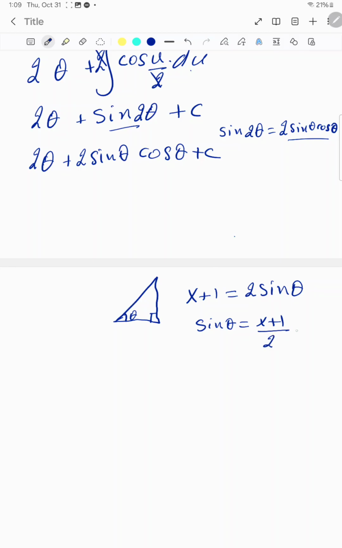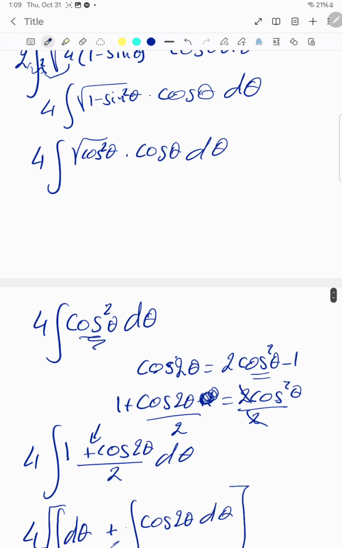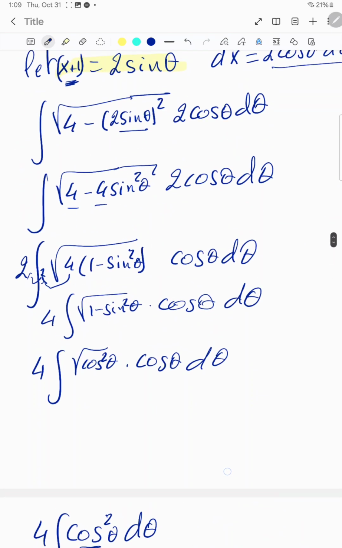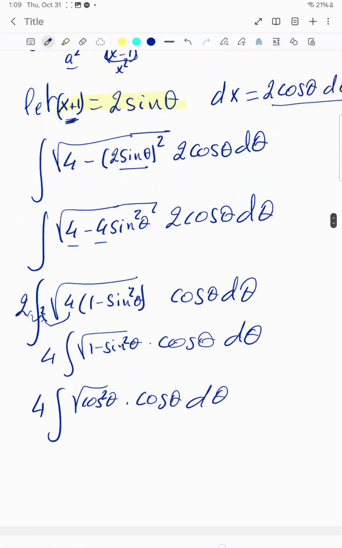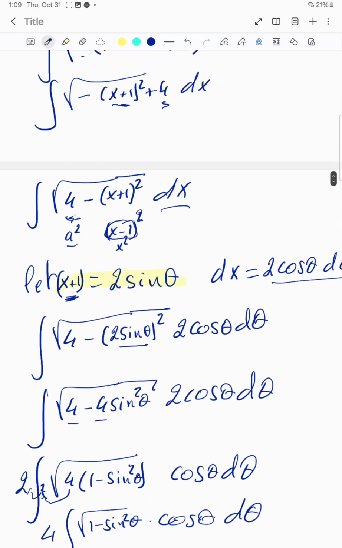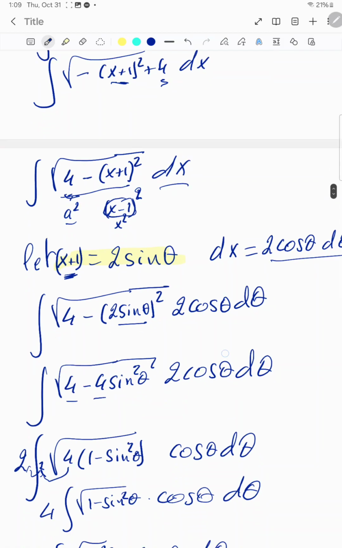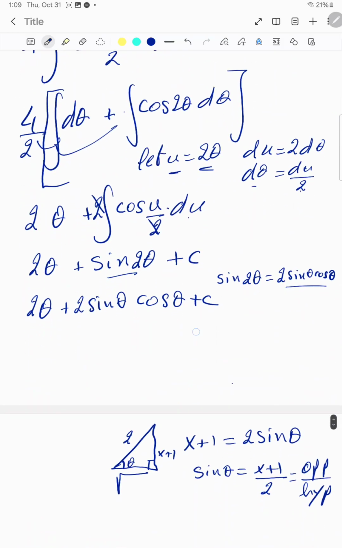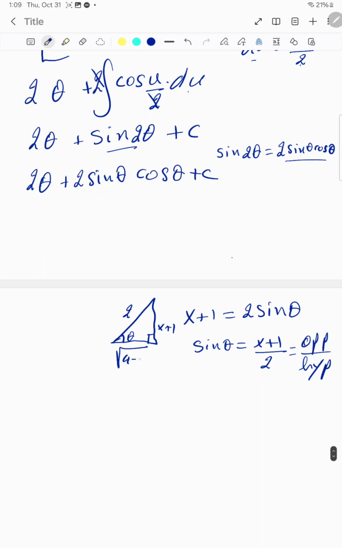But I know sine is equal to the opposite side divided by the hypotenuse. So the opposite side of theta should be x plus 1 and the hypotenuse should be equal to 2, and here I would have square root of 4 minus x plus 1 square.